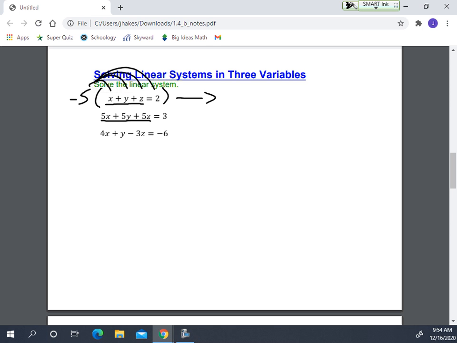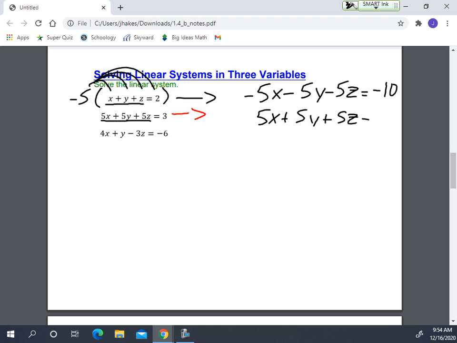So I have -5x minus 5y minus 5z is equal to -10. If I take this other equation and write it over, I get 5x plus 5y plus 5z is equal to 3.